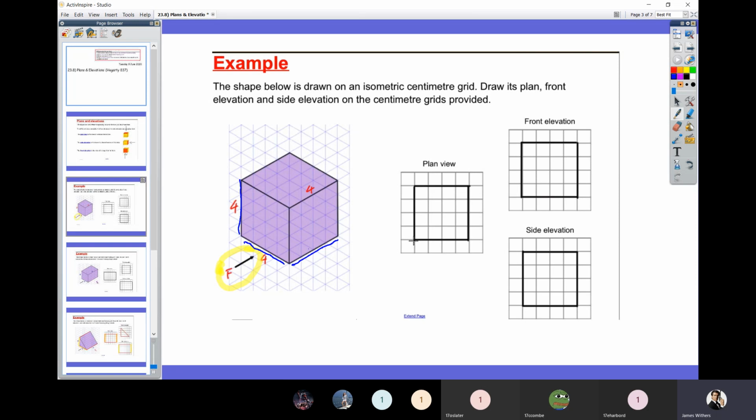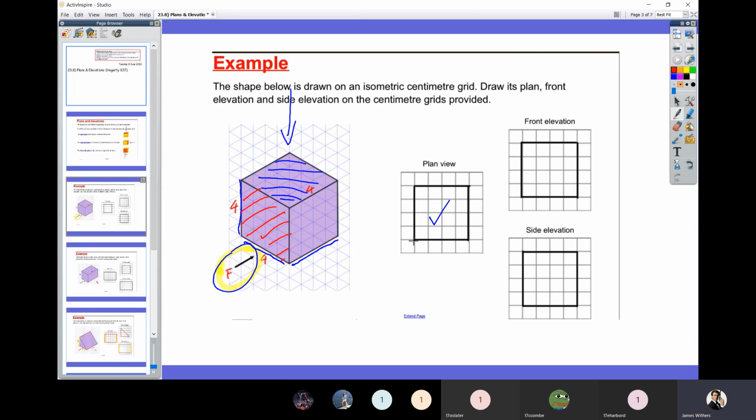Okay, now when you draw your plan view, remember the plan is looking from above. So when you look down from above, you're just going to see this surface here, aren't you? And that's just 4 by 4. So there's your plan view. When you look from the front, then obviously you're just seeing the front of the building. You're seeing that face there.